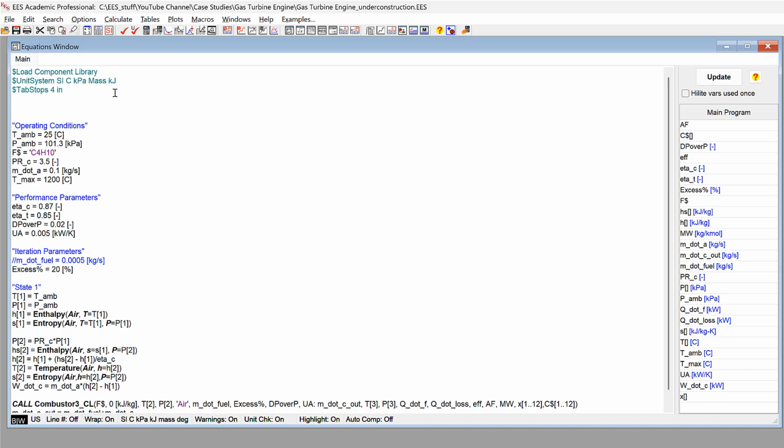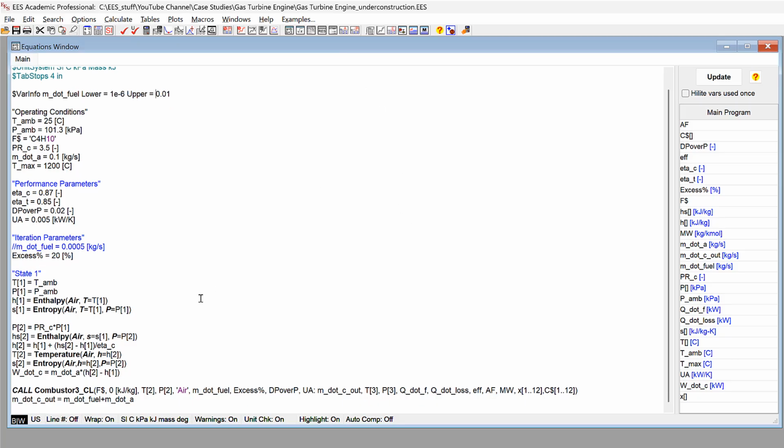So then I'll go up here and I will comment out my assumed m.fuel, and then the last thing I'm going to do is set some limits for m.fuel, since I'm now going to be iterating on it. So up here I'll do a $var info for m.fuel, and we'll let that go from a lower value, not 0, that's probably a bad idea, but some very low number, and an upper value that's, I don't know, it can't be 10% of the airflow rate, that would probably be way too high.